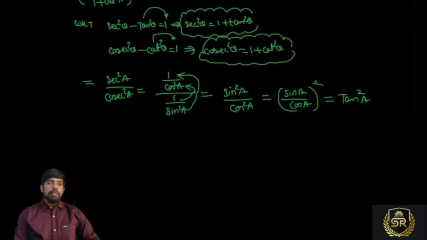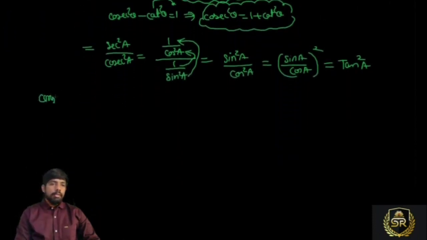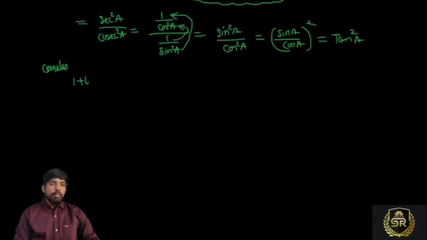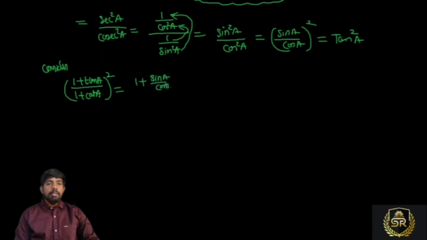Okay. Consider 1 plus tan a by 1 plus cot a whole square. Now here 1 plus tan a, tan a can be written as sin a by cos a, whole square by, here 1 plus cot a can be written as cos a by sin a, whole square.